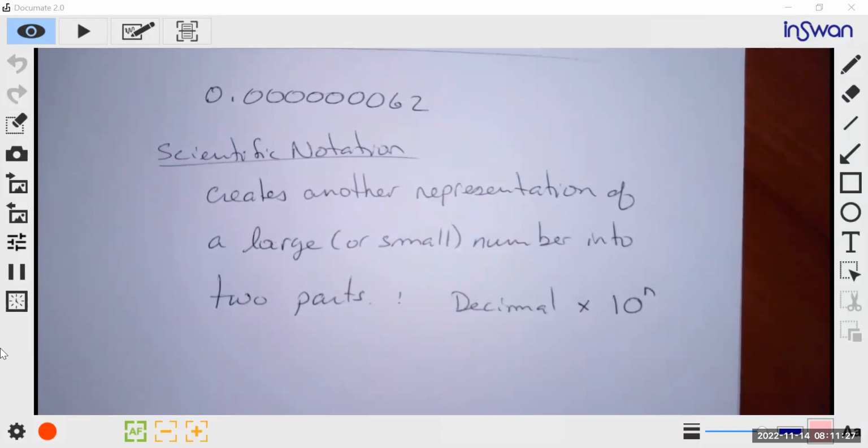Scientific notation creates another representation for a number that's very large or small by taking the number and making a decimal part and an exponential part.